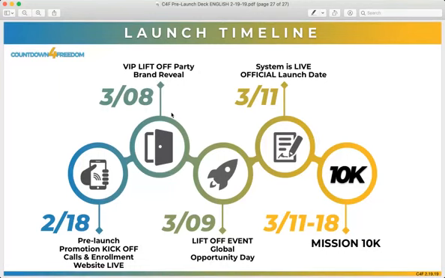Mission 10K is where I think we're going to have to update these numbers between March 11th and March 18th. Remember I said we are around a Holton Buggs. It expands your thinking, which expands your believing, and it expands your action. Between March 11th and March 18th, we will put 10,000 people into this system. And I have a feeling we're going to be close to double that.